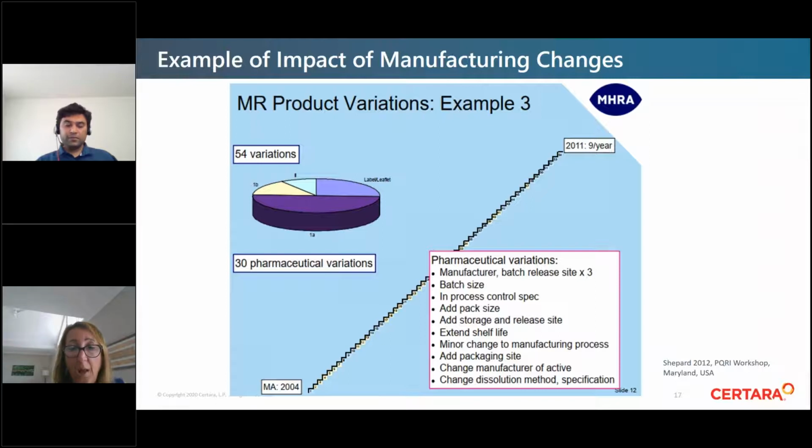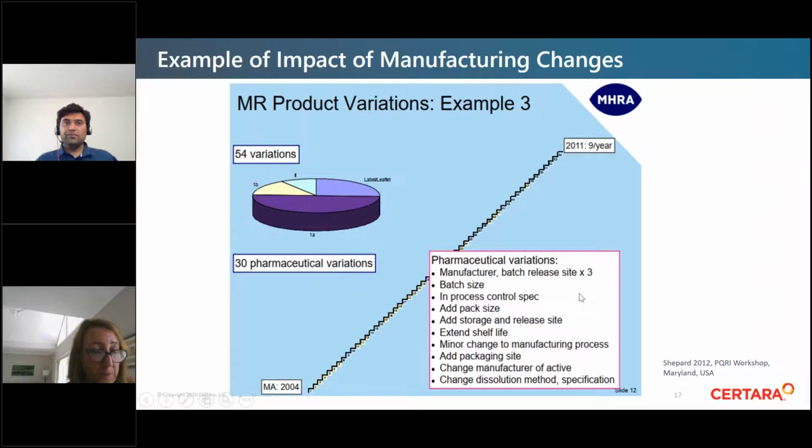So while all of them are certainly not ones that PBPK is the right answer for, many of them could be, and that's a significant amount of potential time saved, potential money saved for those changes. The case study that we're going to give now is around a manufacturing site change, where a facility was closing and the product needed to be moved to another facility.